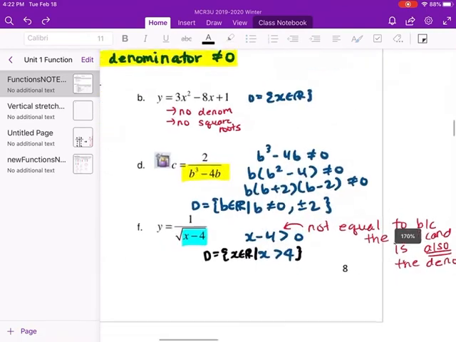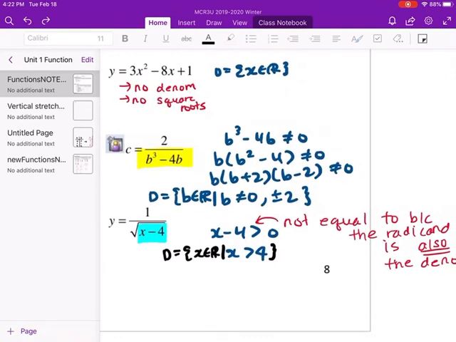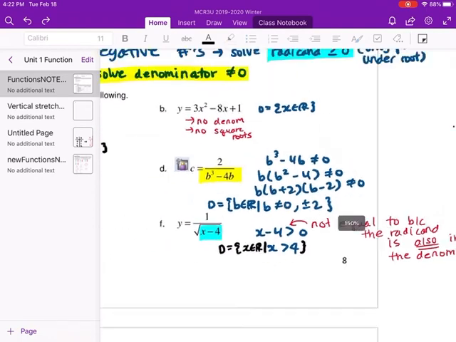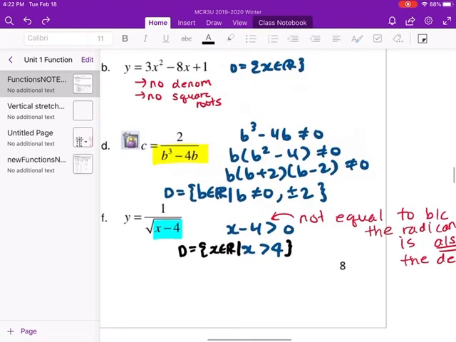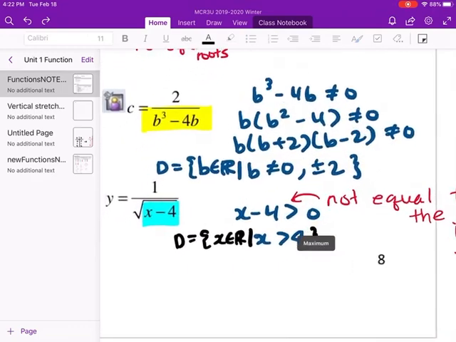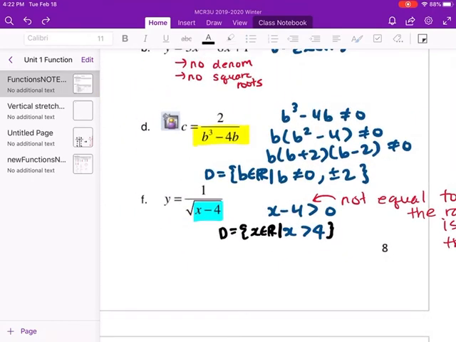Last one, there's a radicand, so a square root going on, and there's a denominator going on. So first thing I might write is x minus 4 has to be larger than or equal to 0 to satisfy the radicand scenario. But notice I didn't put the equal sign when I wrote it down.